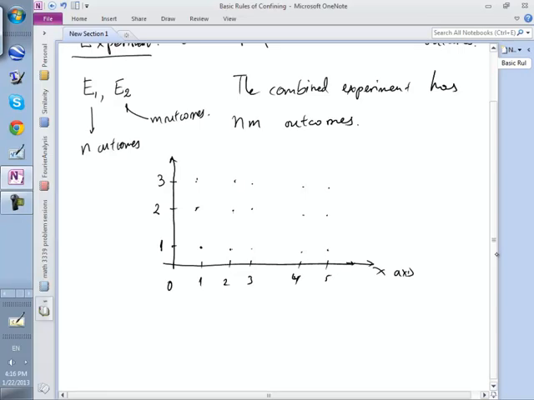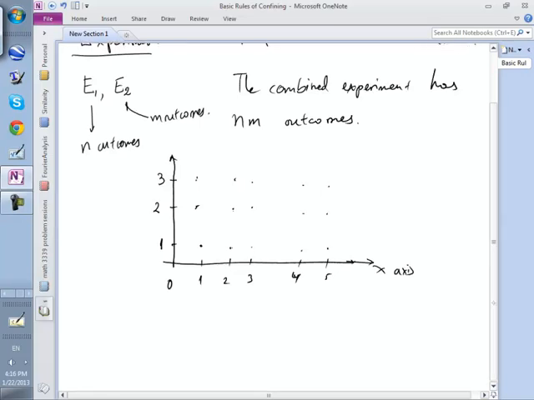Now, this is fairly easy to understand. And now let's try to apply this principle. So suppose that I have 3 symbols.